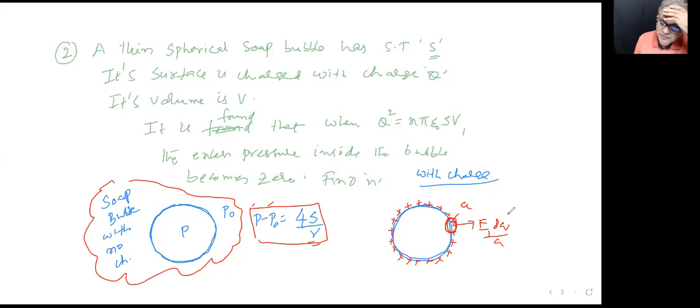So what should I write now? Of course, you need to find out that pressure, that dp, or the total pressure P. We can call it the electrostatic pressure.